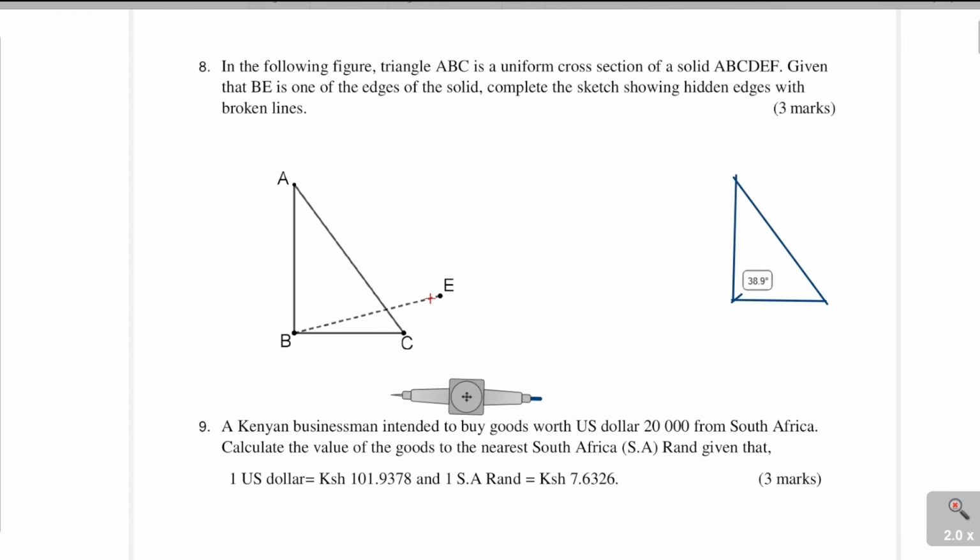So this is what you're given. That is what you have. And now to complete, you need to ensure that you draw something like this. So that is what you need. You need to complete it so that it may look like a wedge.